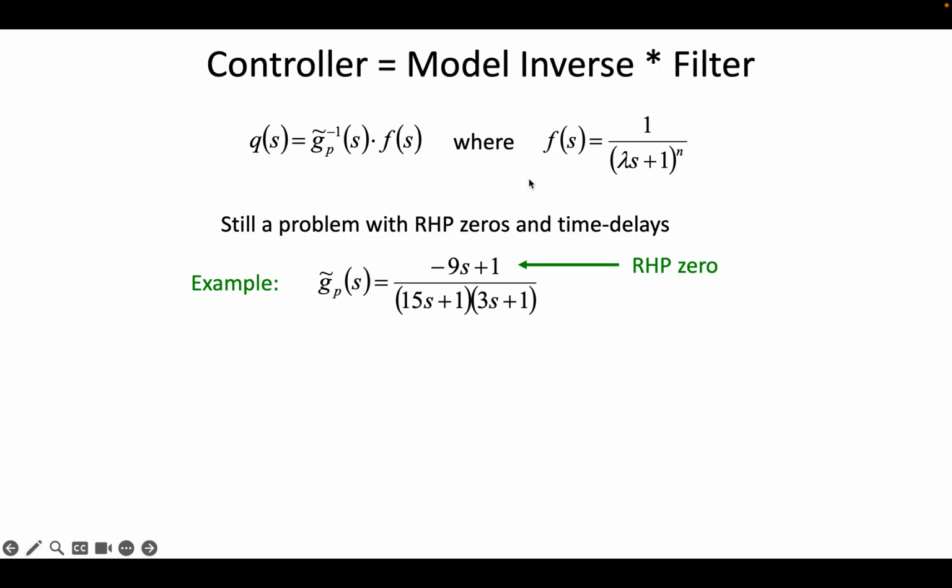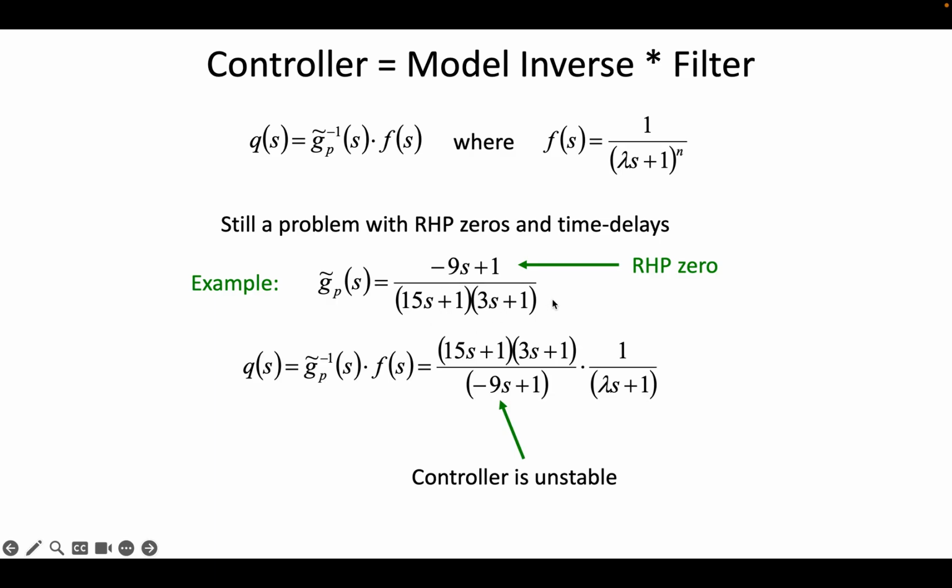So let's think of a problem that's very challenging. We already know about right half plane zeros causing inverse response. So here's an example of a process model that has a right half plane zero indicating wrong way or inverse response behavior, and then second order in the denominator.